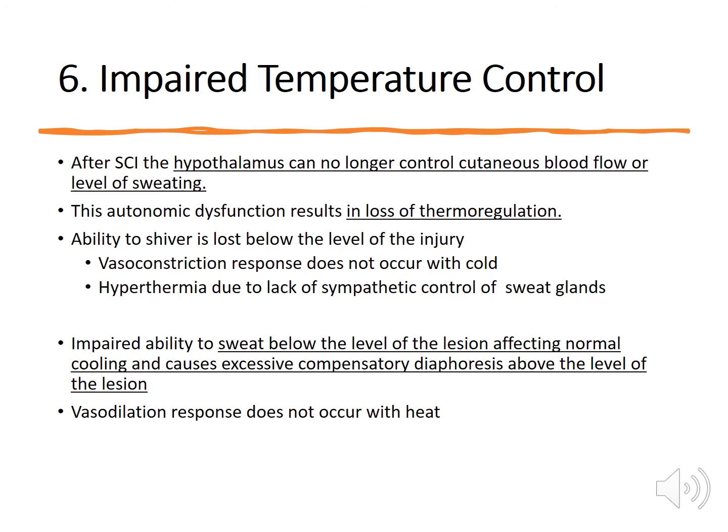Just to sum up, there's going to be impaired ability to sweat below the level of the lesion, affecting that normal cooling, and this is going to cause excessive sweating above the level of the lesion. So above, they're going to be sweaty, and below, they're not going to be able to sweat.